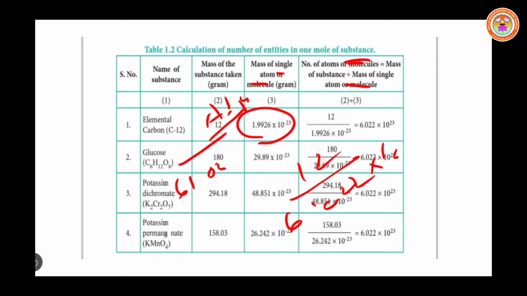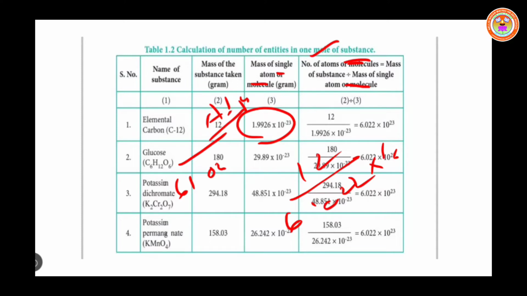Then next we can calculate the number of atoms. Number of atoms equals mass of substance taken divided by mass of single atom. Mass of substance taken is 12 gram, divided by mass of single atom, 1.9926 into 10 to the power minus 23.